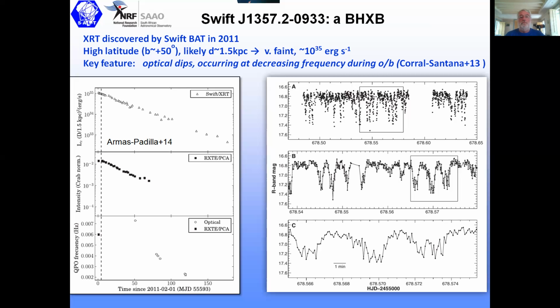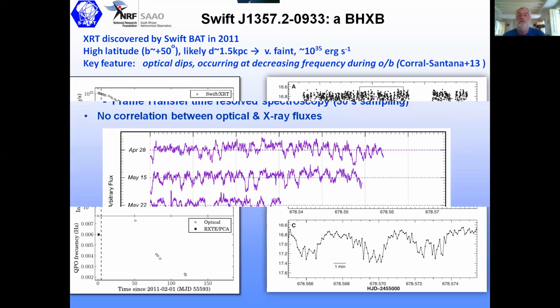These dips were seen to repeat with a decreasing frequency, or longer period between the dips, as the outburst progressed. And on the left here, you can see the actual intensity of the system in X-rays and optical during that first outburst. These dips were reported by Corral-Santana et al. in 2013.